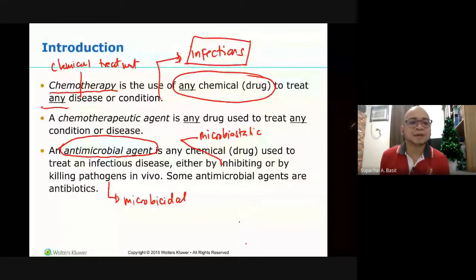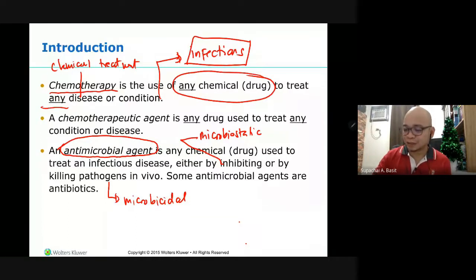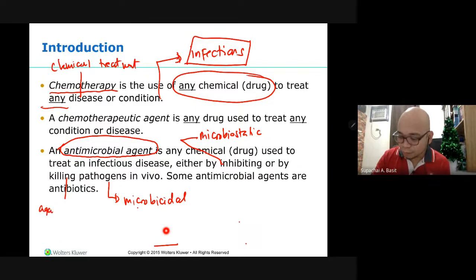Okay. Now, some antimicrobial agents are said to be antibiotics. Now let's dissect the word antibiotics. Anti means against, bio means life.